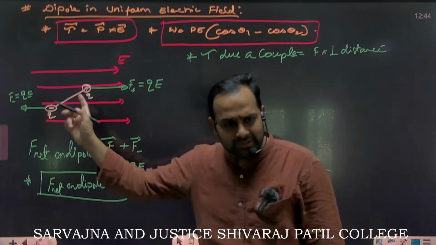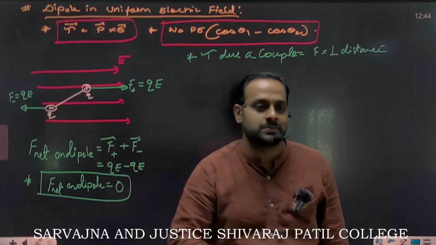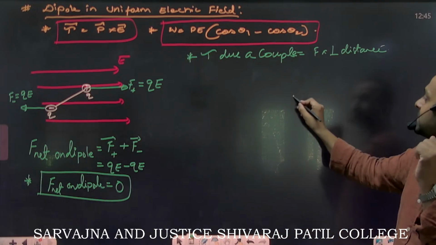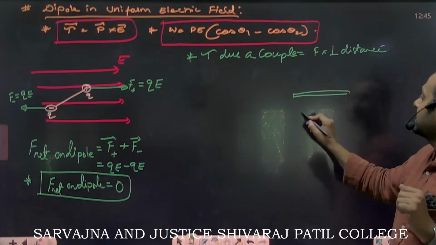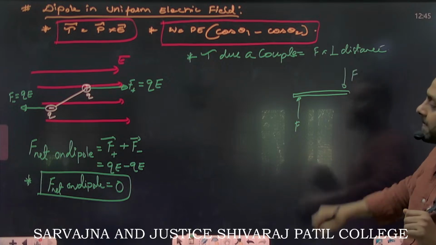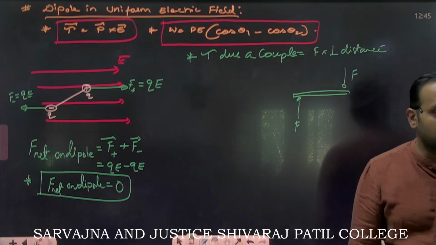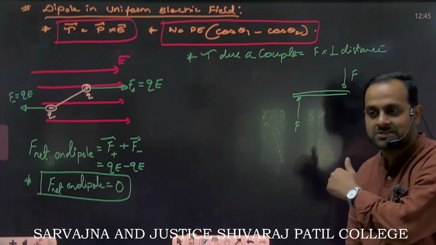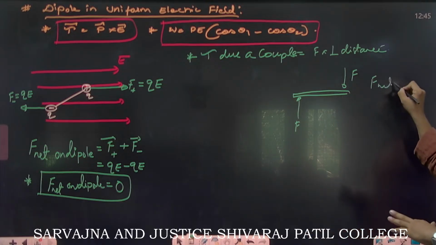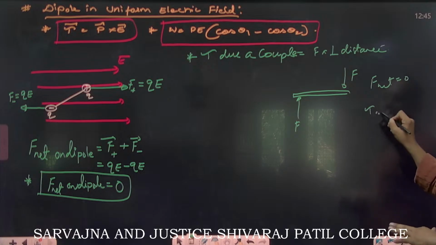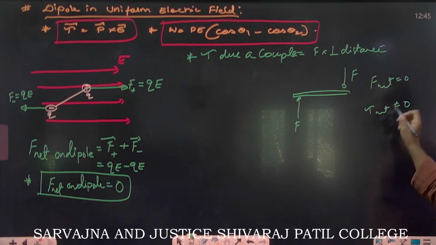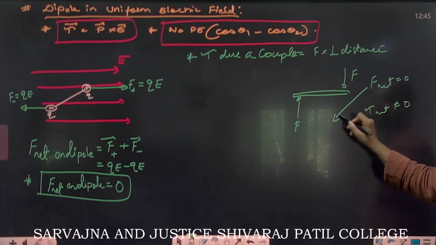They are forming a couple. What is a couple? A couple is two equal forces in opposite directions. So what happens? Net force is 0, whereas net torque is actually not equal to 0. What kind of equilibrium is this? Net force being zero is which equilibrium?